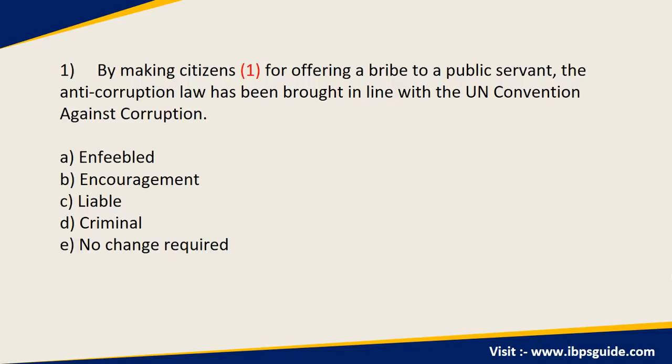So when you put that in the sentence, it makes perfect sense. By making people responsible for giving a bribe, they have made anti-corruption laws stronger or better, right? So option C, liable, is the correct answer in this blank. So we eliminated two options based on grammar and we eliminated one option based on context.